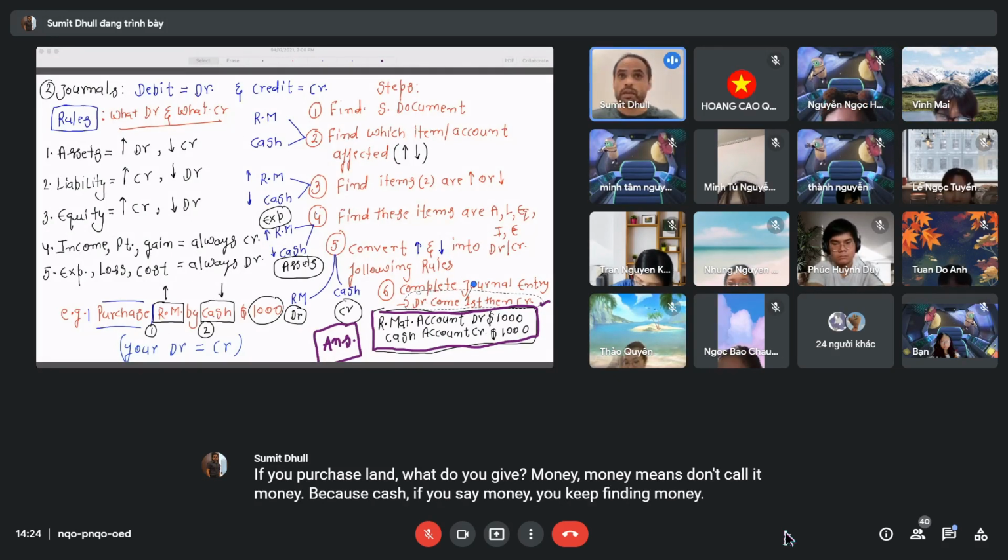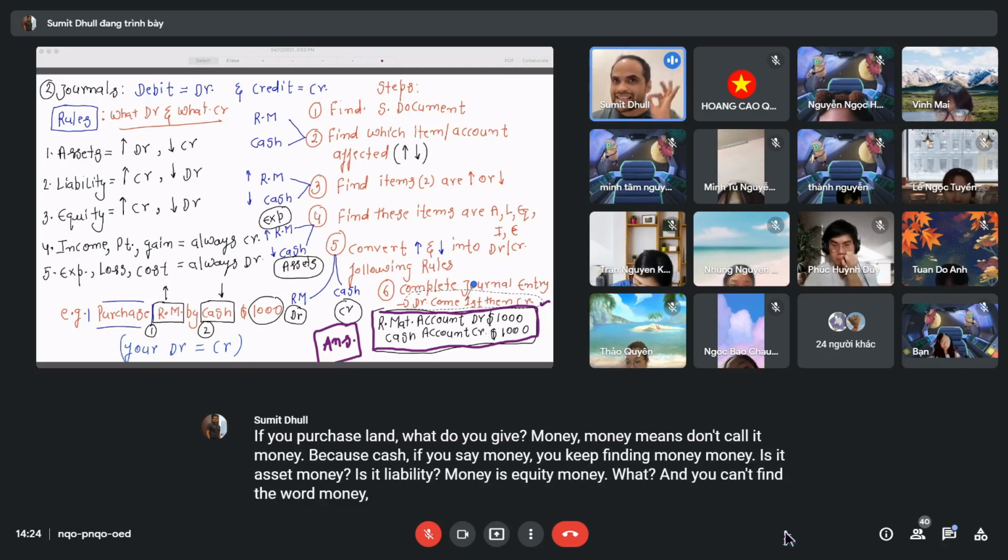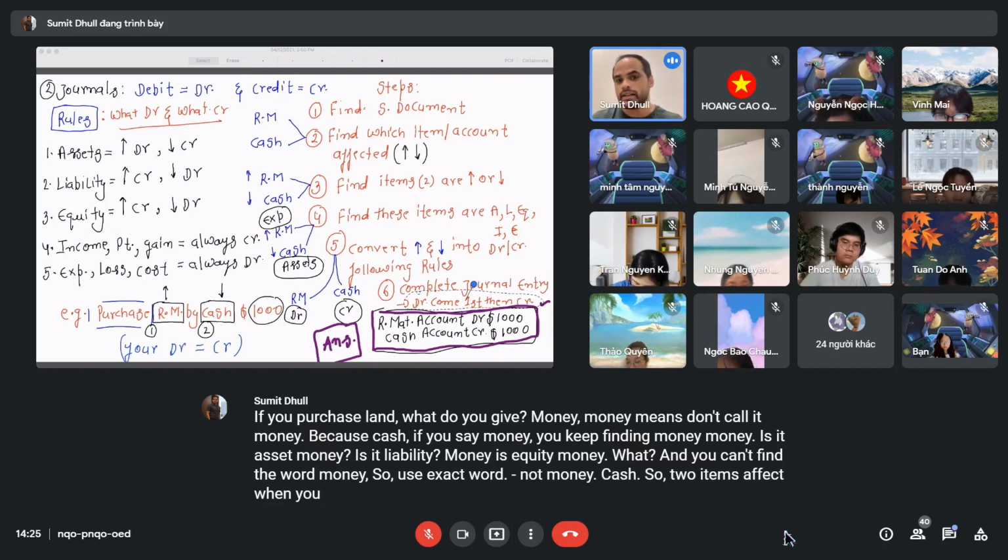Money, is it asset? Money, is it liability? Money is equity? You can't find the word money. So use the exact word: cash, not money. So 2 items are affected when you purchase land and building: land and building, and cash. This is your step 2.